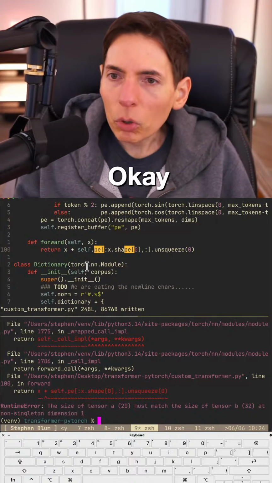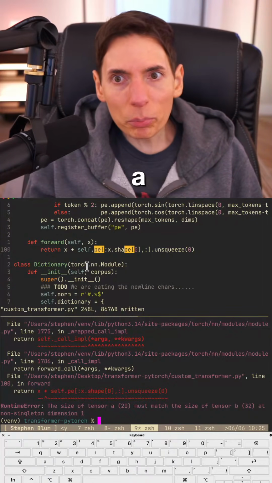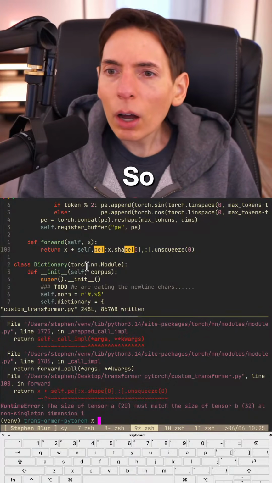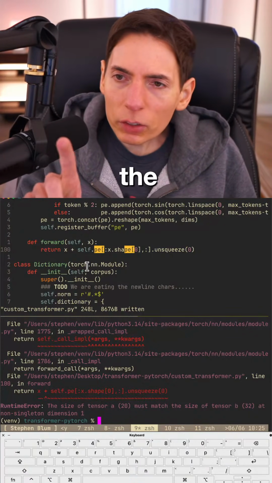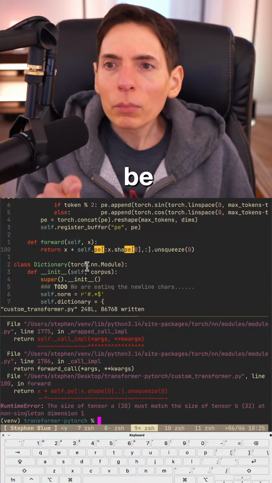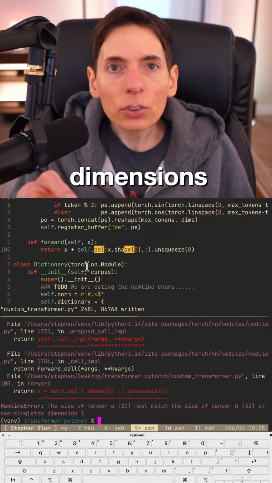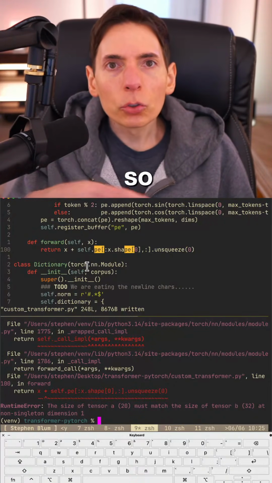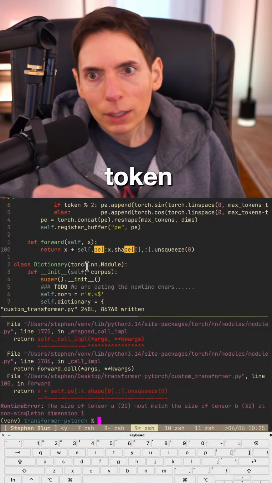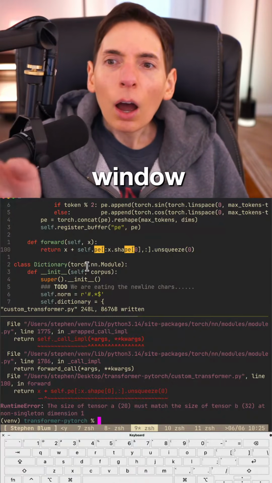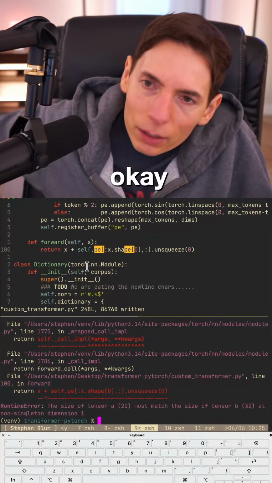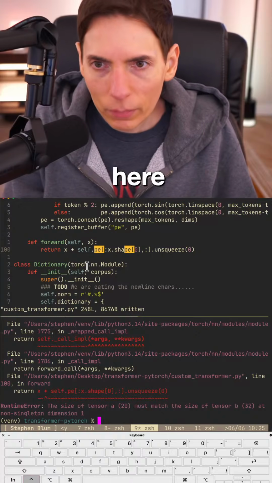Okay. Well, we found a problem though. The shape that it needs to be needs to match the dimensions of every token. So say we have a 128 dimension token and then we're applying it over our window. Oh, that must be it. Okay. So right around here. Okay.